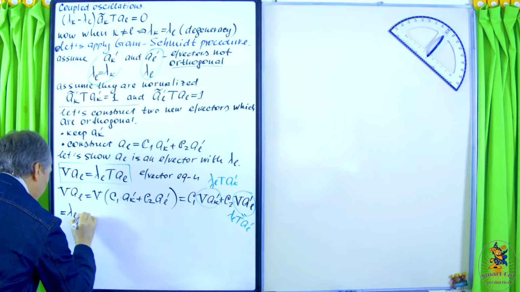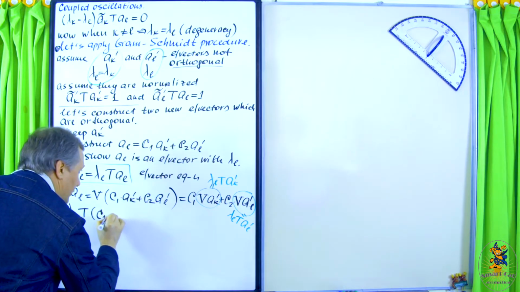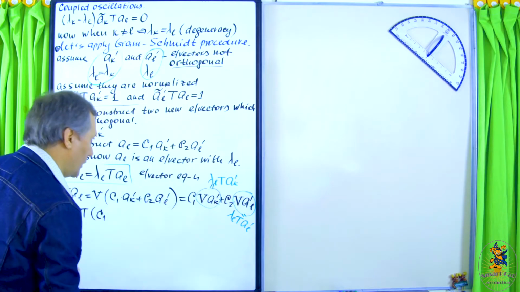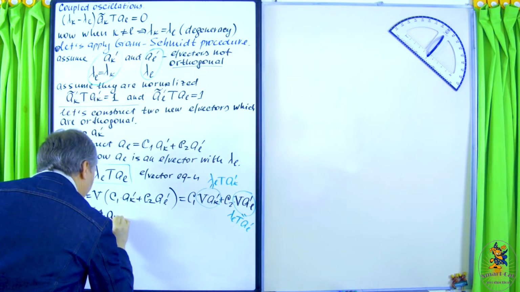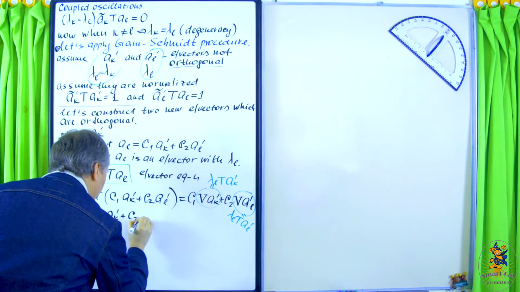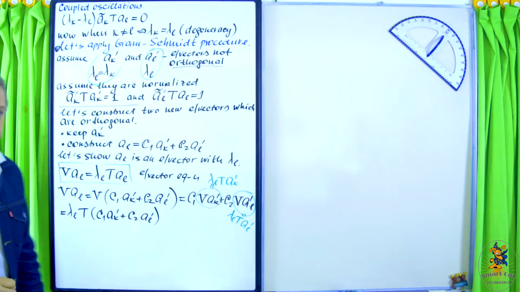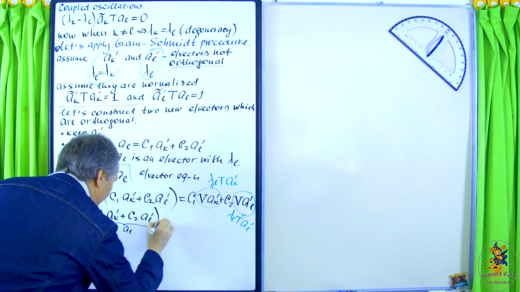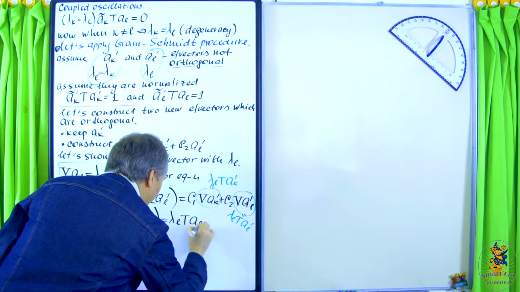So it will be lambda L T, and inside we'll have a nice construction, which is our newly introduced vector, C1 a_k prime plus C2 times a_l prime. Okay, so this is a sub L. So we're getting lambda L T a sub L.